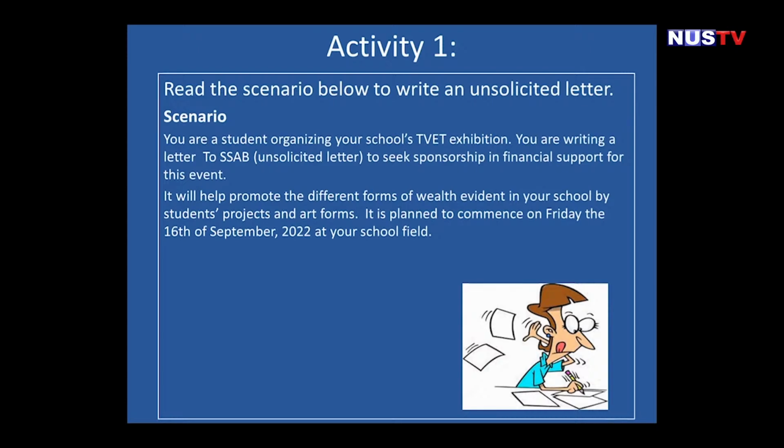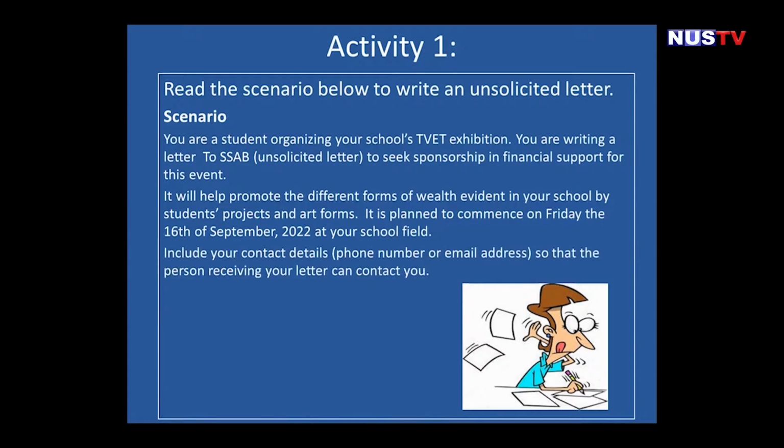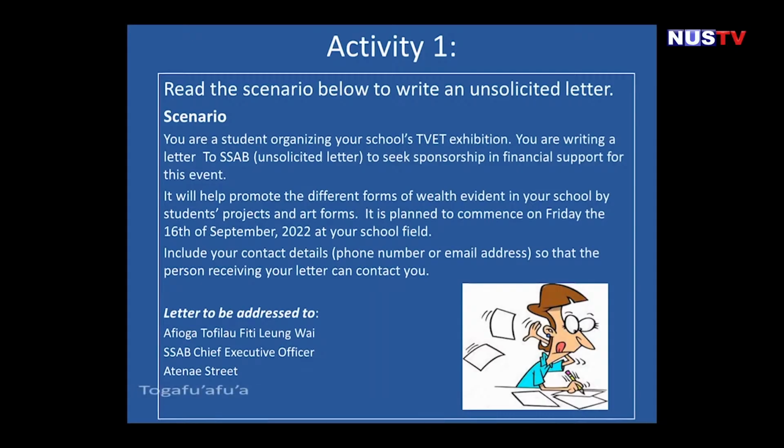It is planned to commence on Friday, the 16th of September 2022 at your school field. Include your contact details, phone number or email address, so that the person receiving your letter can contact you. The letter is to be addressed to Afionga Tofilau Fitileng, SAP Chief Executive Officer, at Sinai Street, Tungafuafua, Apia.